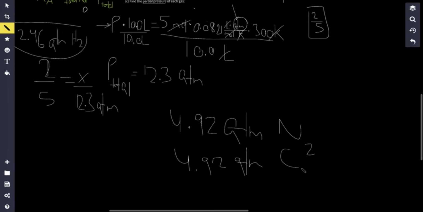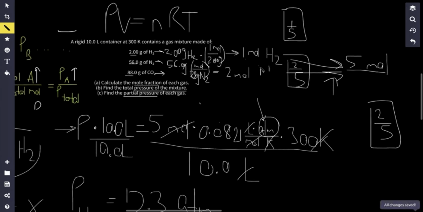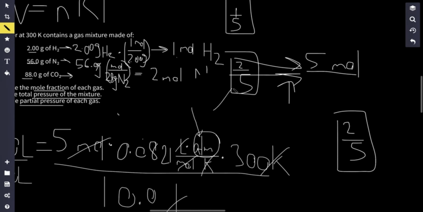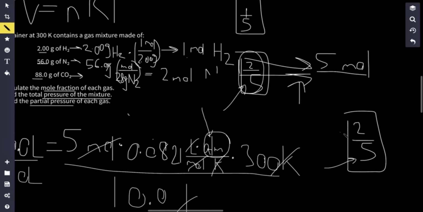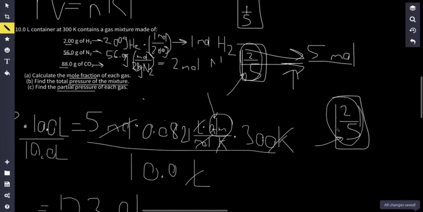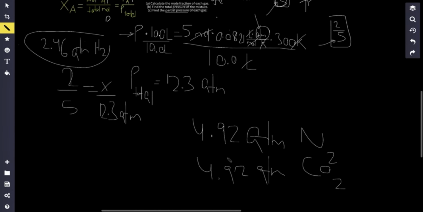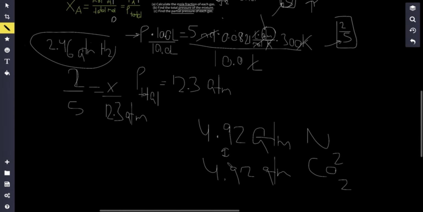And the reason why you should get the same answer is, remember, the mole fractions are the same. Both these gases make up 2/5 of the total amount of moles there are. So if they make up 2/5 of the entire moles, both of them should make up 2/5 of the entire pressure. So their pressures should be the same.